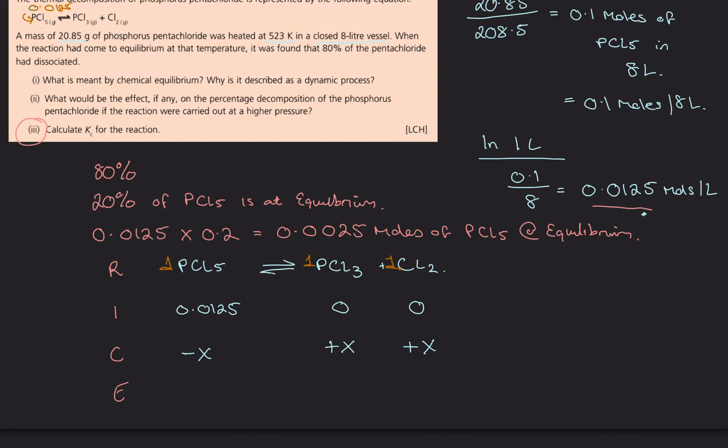And then you write in your at equilibrium. Originally, our phosphorus pentachloride was 100%, so just 1, we're going to leave it as 1.